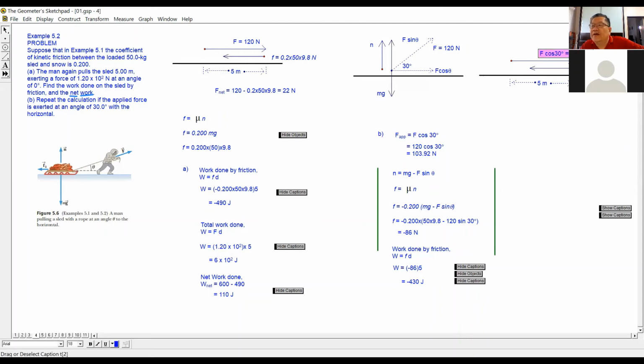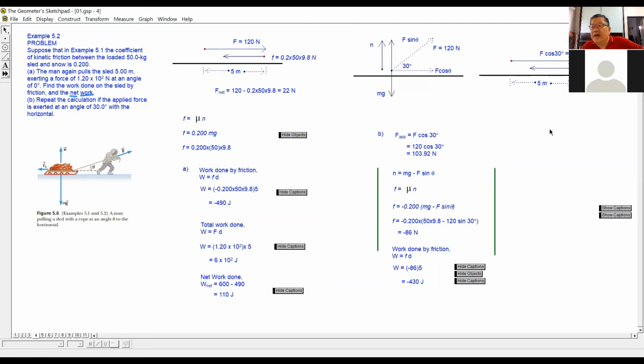So this is the applied force, F cos 30, which we have calculated earlier to be 103.9. Okay. Then we look at the frictional force. Frictional force is this one, mu N, which is calculated here, negative 86 newtons.